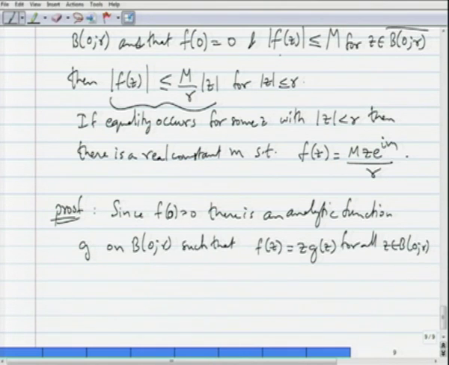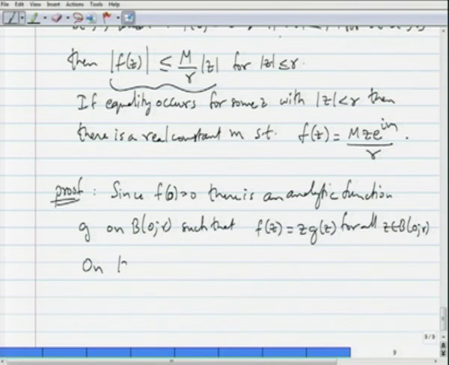By considering the Taylor series expansion around 0, if you wish, you can say that there is a function g like that. The order of the zero at 0 is at least 1. So, we have this.